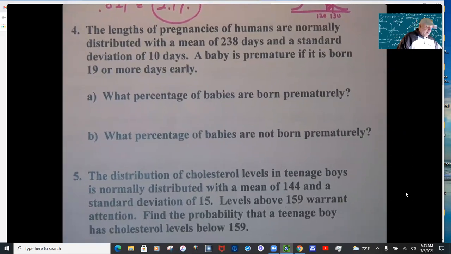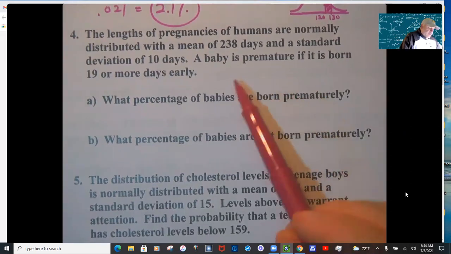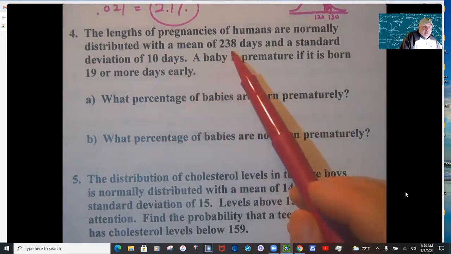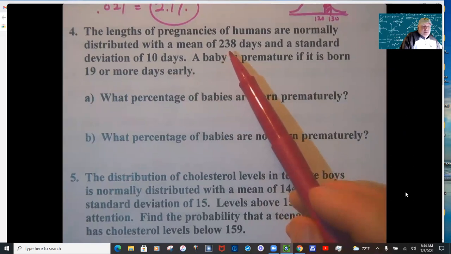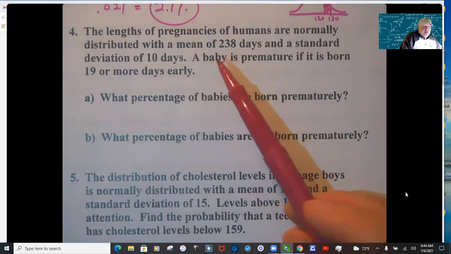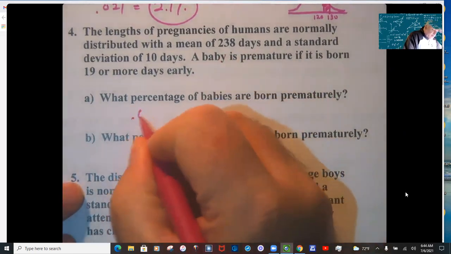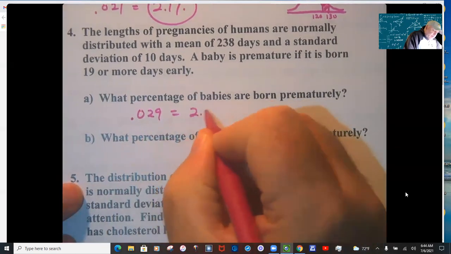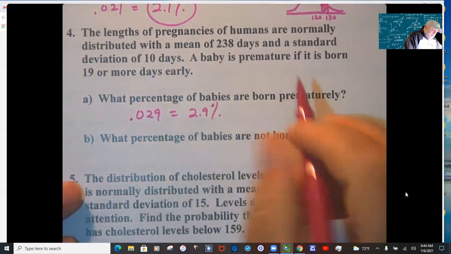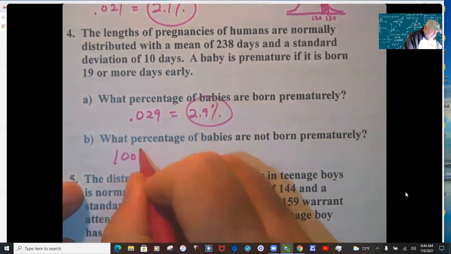All right, so what percentage of babies are born prematurely? It's 19 days, which would be 219 or less, so below 219. And when you do this, it is about 0.029, which is 2.9%. So what is the complement to that?